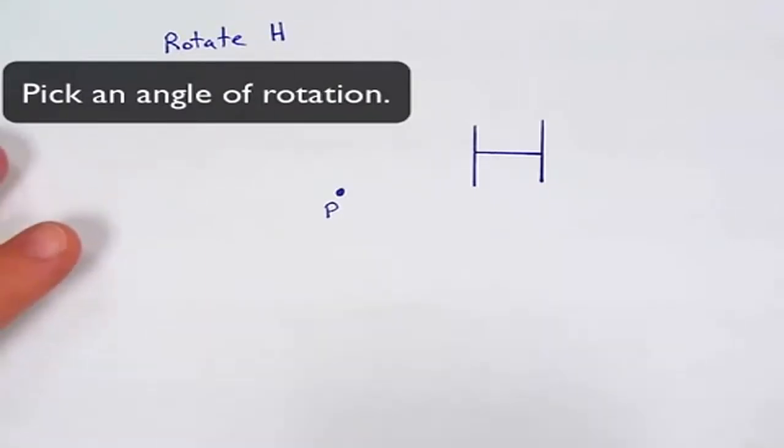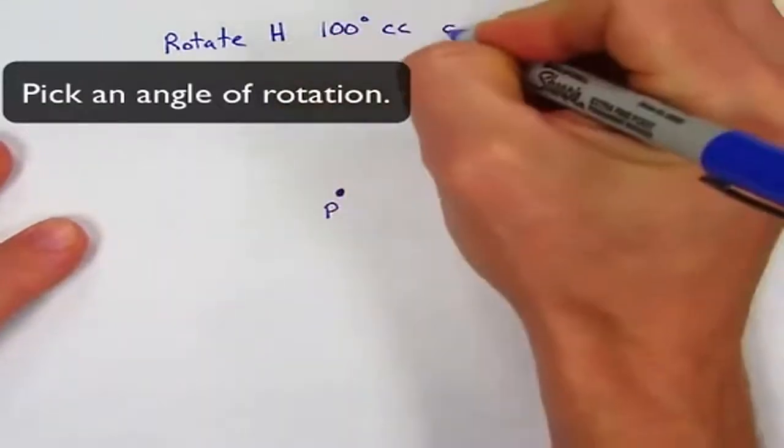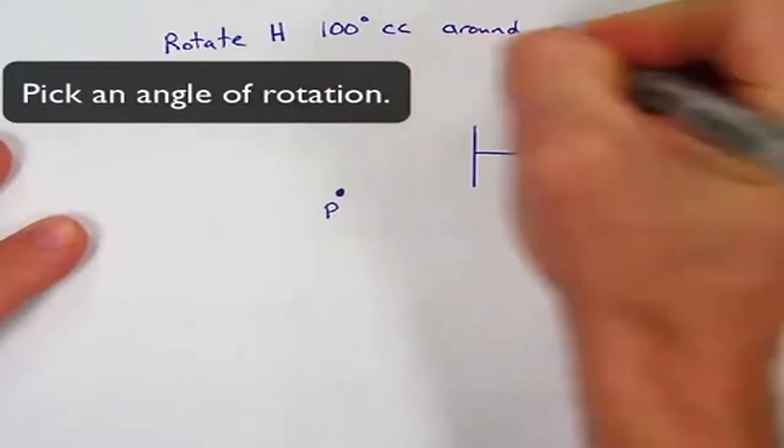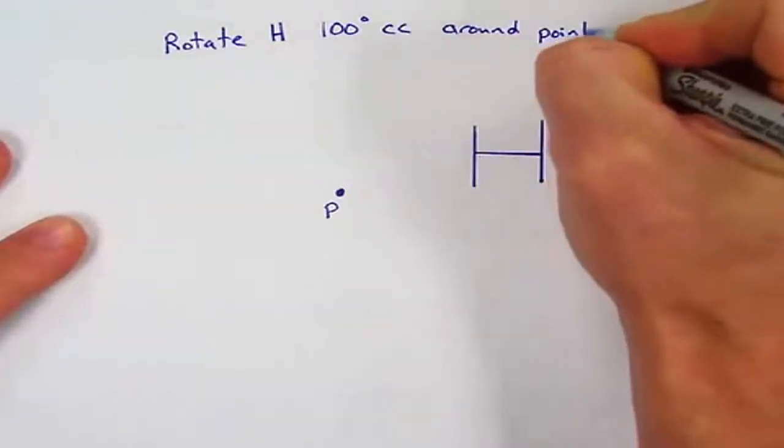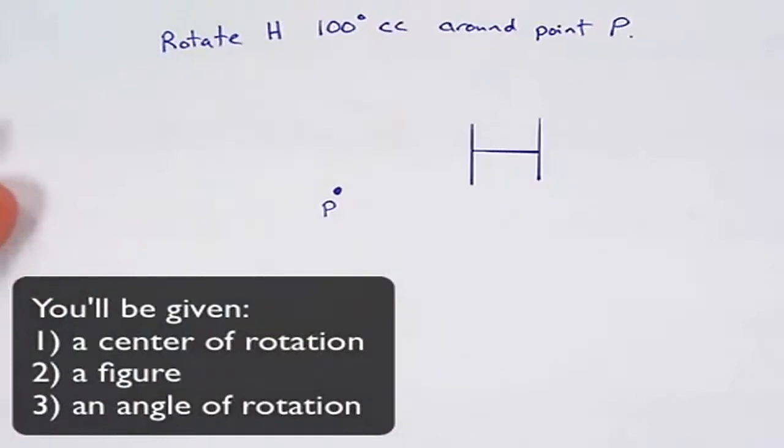Let's do 100 degrees counterclockwise around point P. Okay.